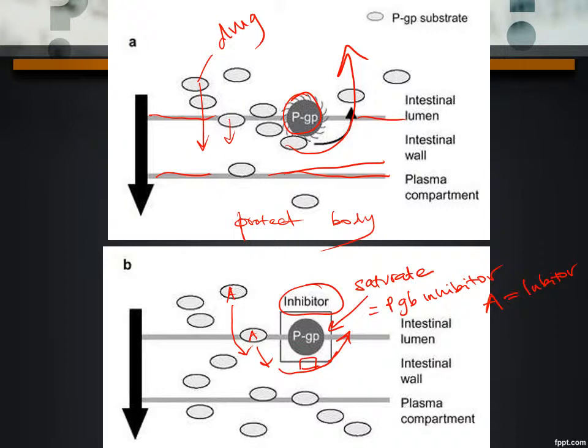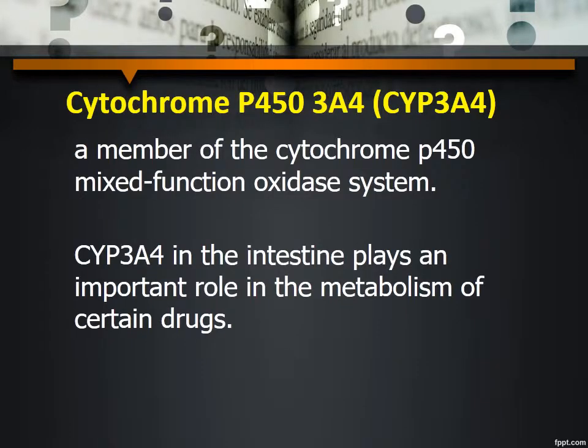Concurrently, when you give B, B can escape. So A is a PGP inhibitor, and you end up with more of B, so the bioavailability of B increases.